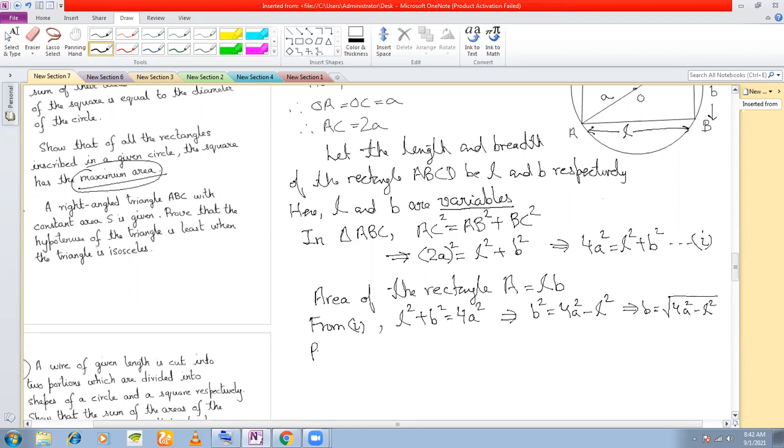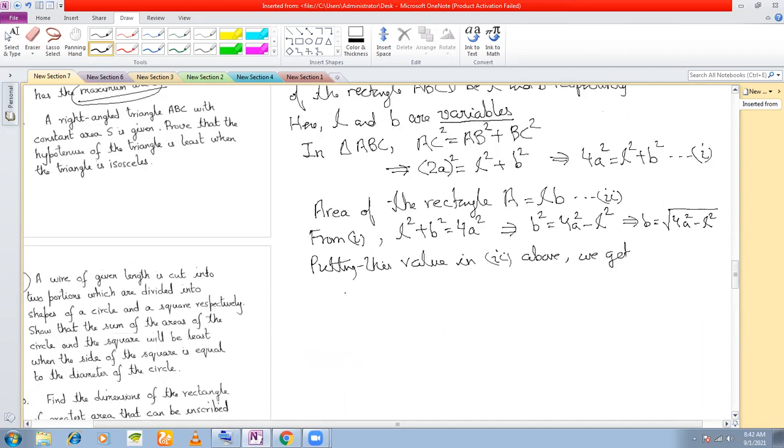Call this 2. Putting this value in 2 above, we get A is equal to L times root over of 4a square minus L square.